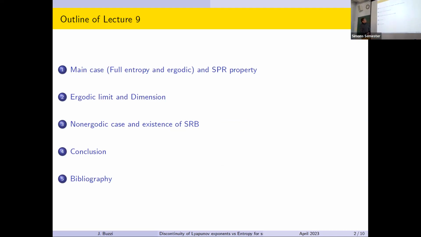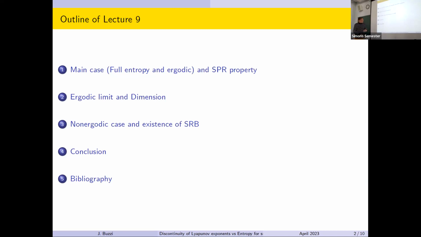So first I will speak about the main case and its application. The first generalization we will see is, instead of asking for the entropy of the measures to converge to the full topological entropy, which forces the measure to converge to a measure with maximal entropy, we will allow any ergodic limit.